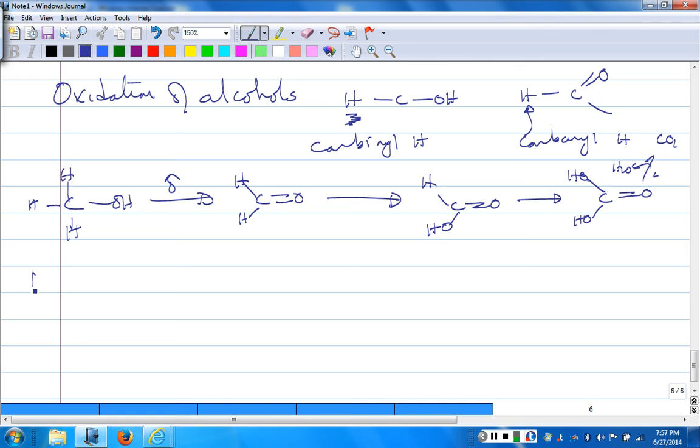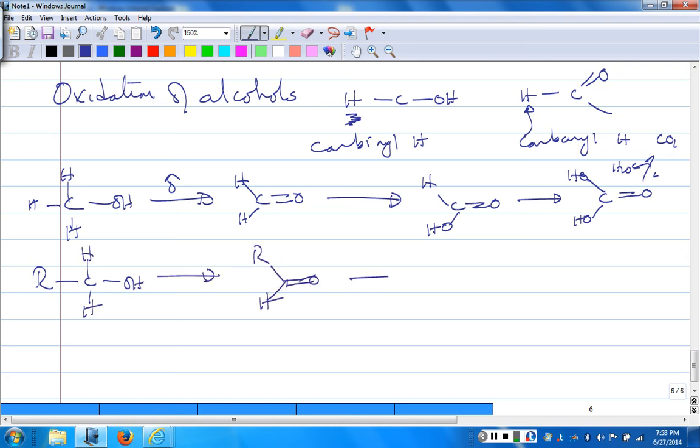If I have a primary alcohol, primary alcohols are oxidizable, and they will go into the aldehyde.